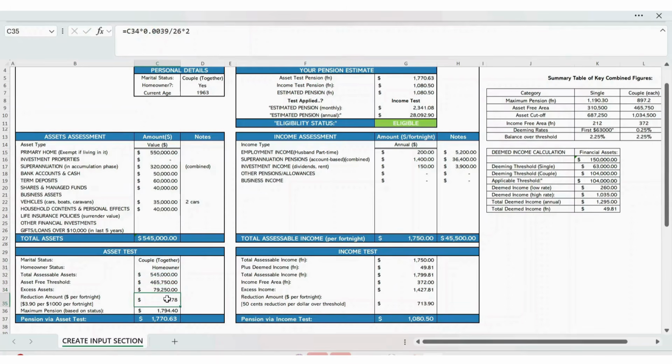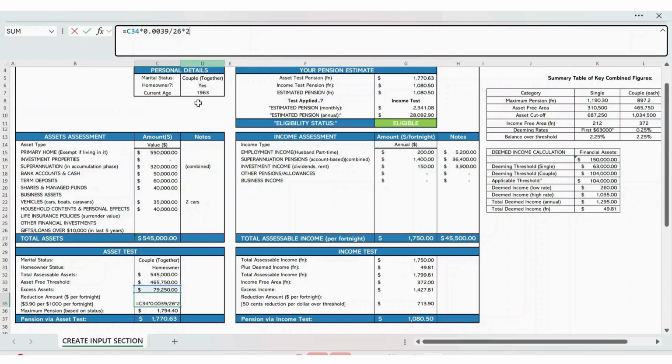Then the reduction amount in C35 equals C34 times 0.0039 divided by 26 times 2. This is critical. For every $1,000 of assets above the threshold, your pension reduces by $3.90 per fortnight.